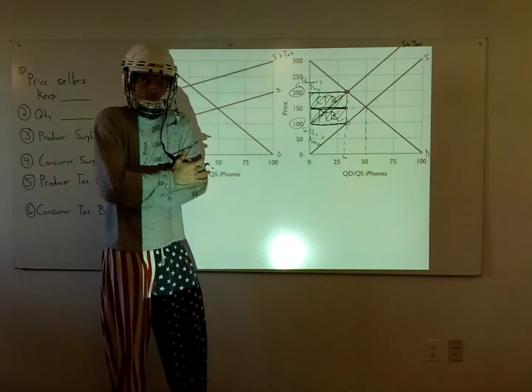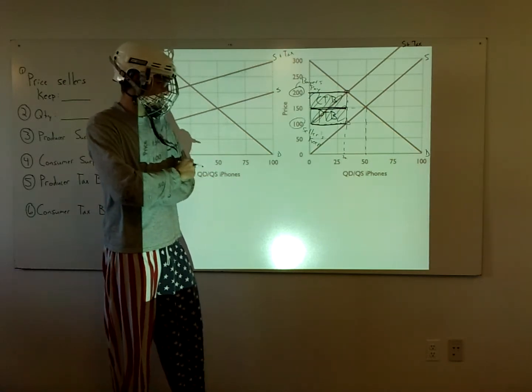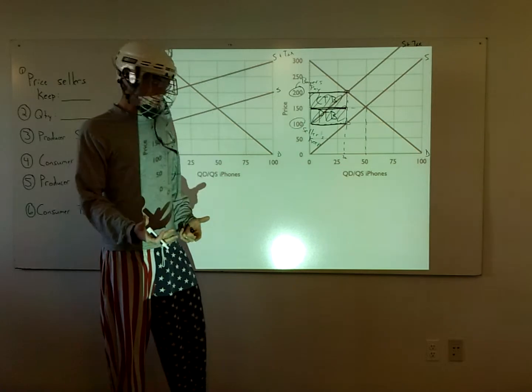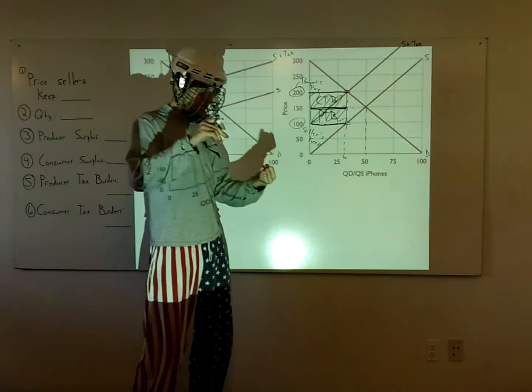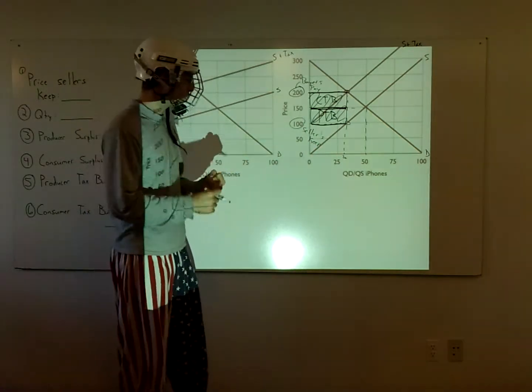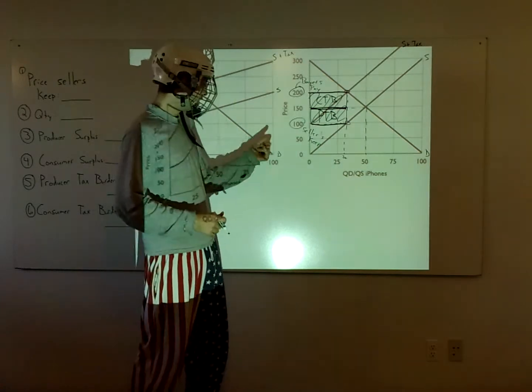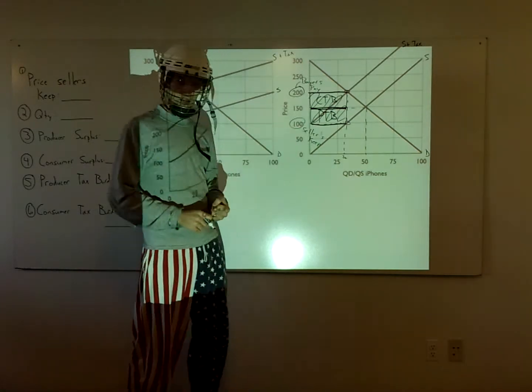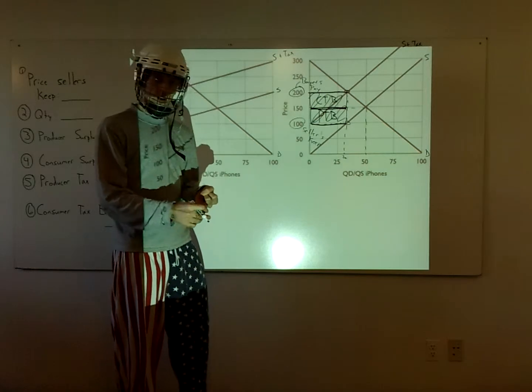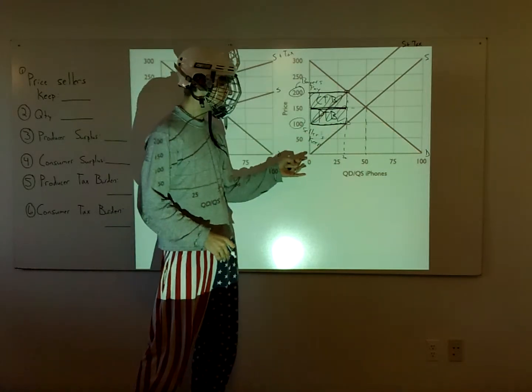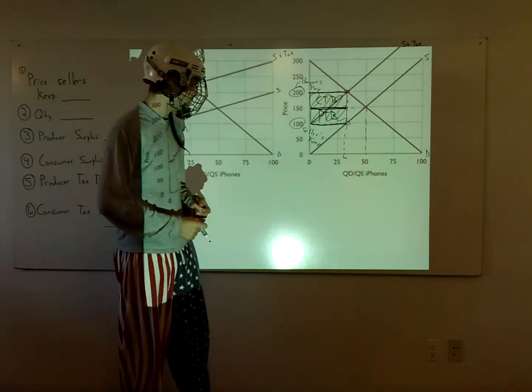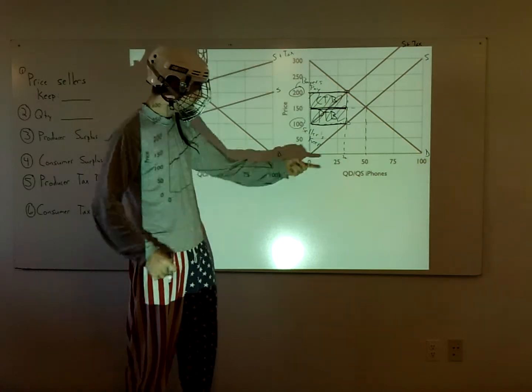So your consumer and producer surplus is still on here. It's gotten smaller. Remember, for producer surplus, you need three things. You need to know what the price is. Well, the price for your sellers now that they get to hang on to is 100 bucks. You need to know the supply curve. Well, here's their supply curve. This is what it still costs them to produce their units. And you need the quantity. Well, here it is.